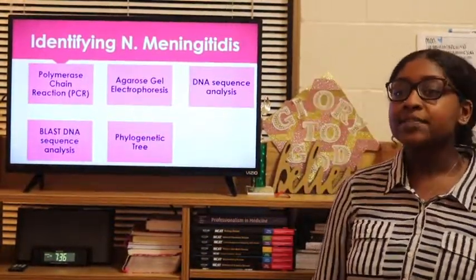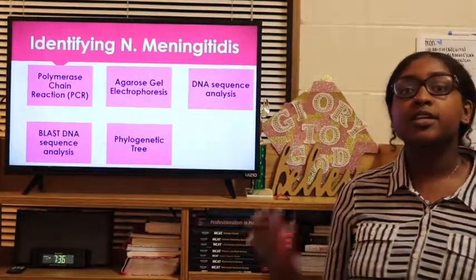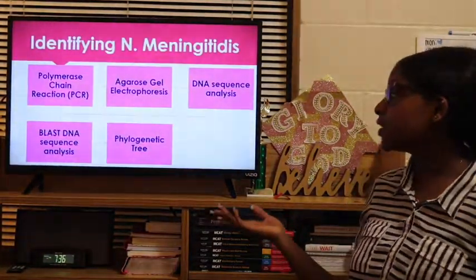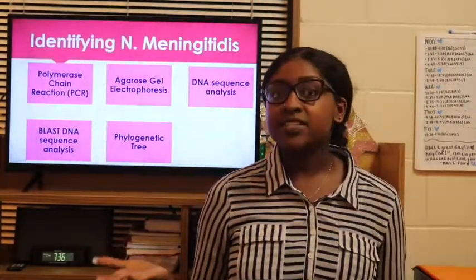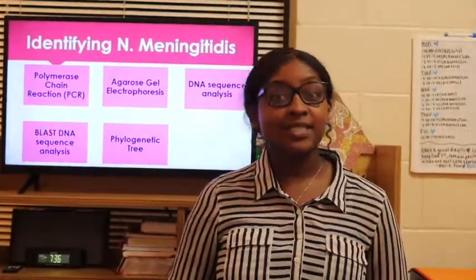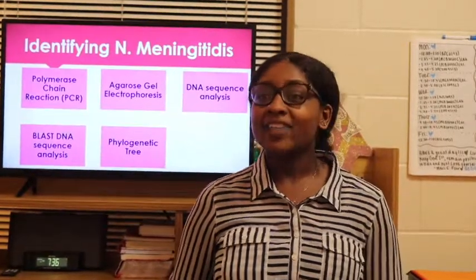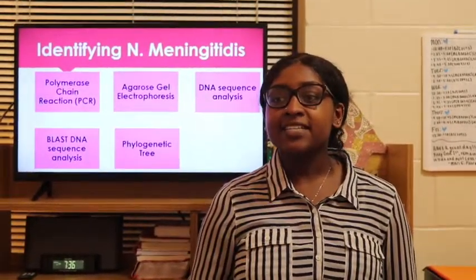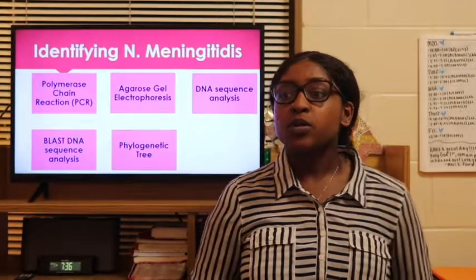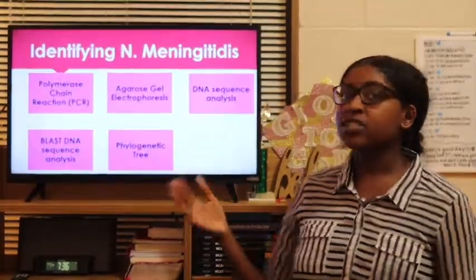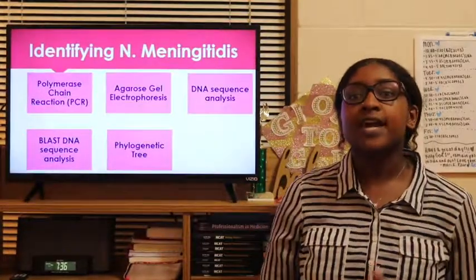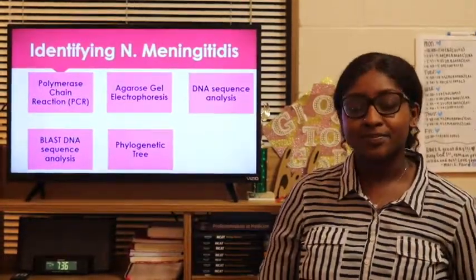After that, we submit our DNA sequence into another database called BLAST, where it will go through the same thing, but it might not give us the same results because it's in a completely different database. And lastly, after obtaining the different analyses, we will create a phylogenetic tree, which will basically show the different genetic trees that our pathogen comes from.